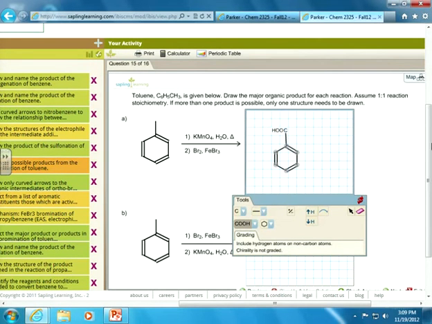So it turns that into a carboxylic acid. Now, what is my next group I'm going to add on there? Bromine, okay? What's my director now that's going to direct where the bromine goes? It's meta. It's the carboxylic acid. It's not the methyl, because the methyl already reacted into a carboxylic acid.